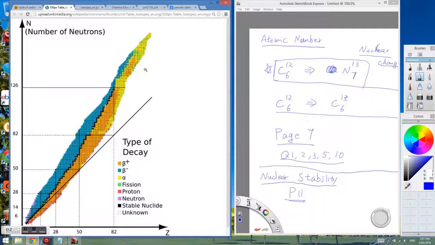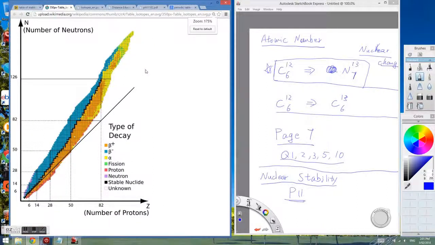The x-axis here is your atomic number, the number of protons. The vertical axis is the number of neutrons. The scientists plot all the elements on this graph. An element that stays on this black line will be stable.